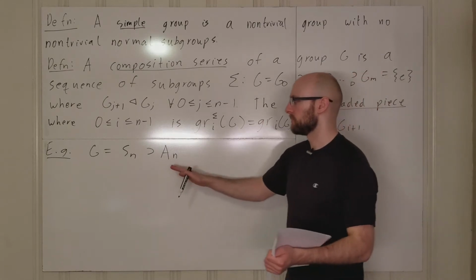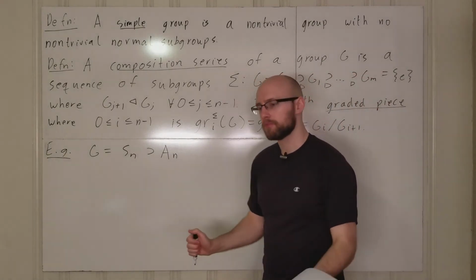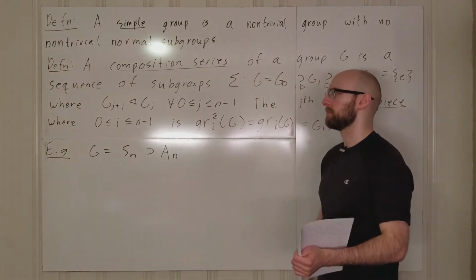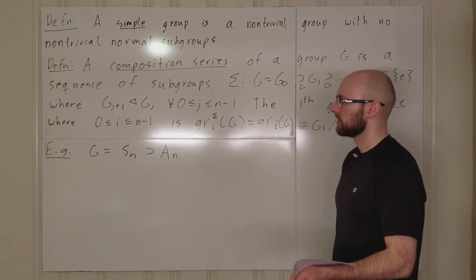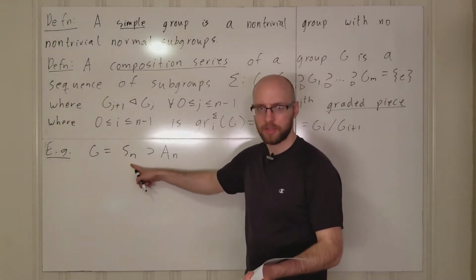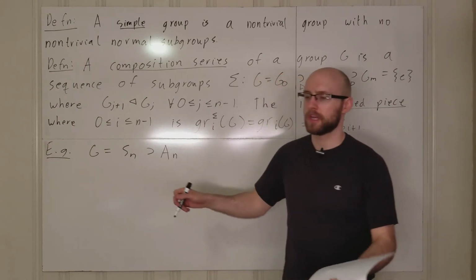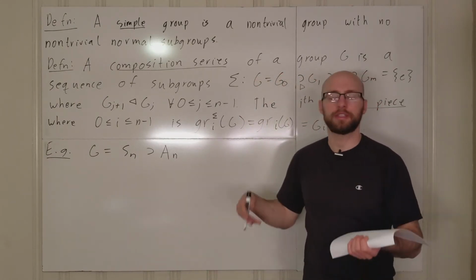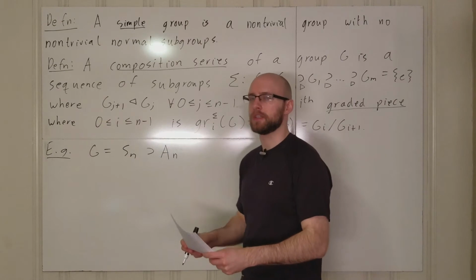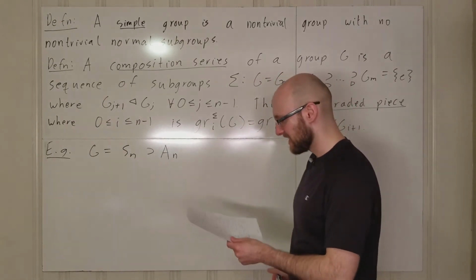But if you've seen group theory before, you've probably talked about it, and we'll probably talk about it at some point in this course. But these are the collection of permutations on n elements. An is the set of even permutations, and you can look up what precisely I mean by even. There's a very specific definition, as you should expect, since this is mathematics.